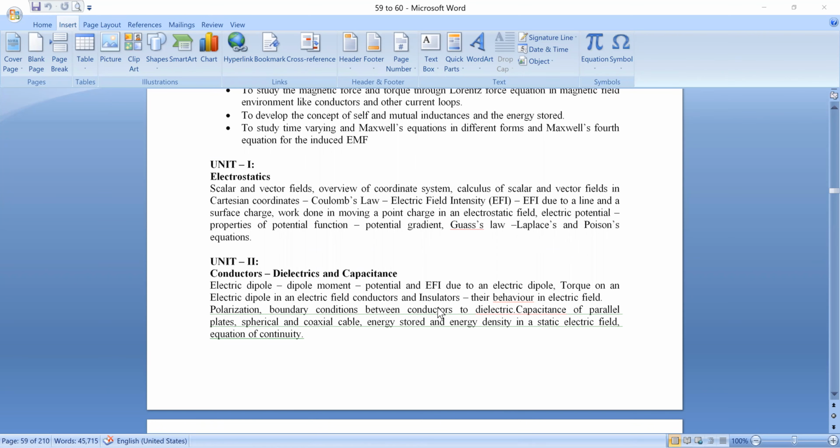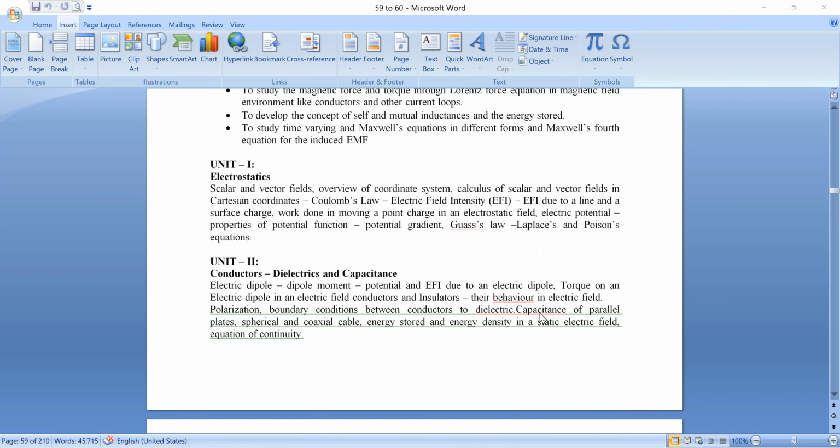Whenever an electromagnetic wave moves from a conductor to a dielectric medium, then their electric field intensity, electric potential, and electric flux density vary from one medium to another. That means whether the electric field intensity changes or not, that means it is continuous or discontinuous, will be discussed in this case. That is the boundary conditions between conductors and dielectrics.